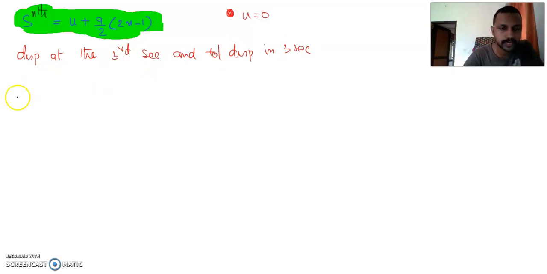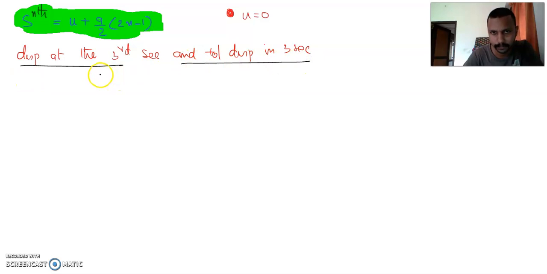Find out the displacement at the third second and the total displacement in 3 seconds. This is our question. Let's find out the displacement at the third second initially.